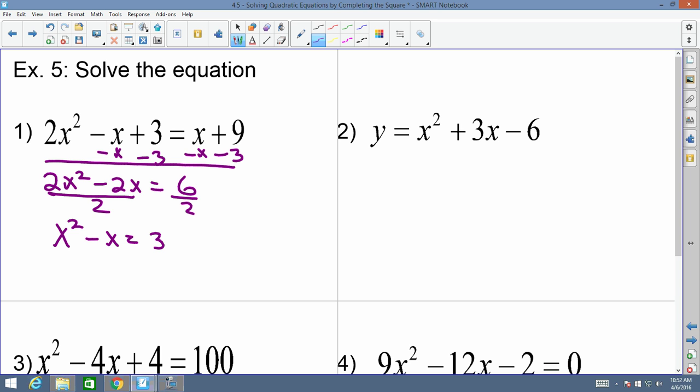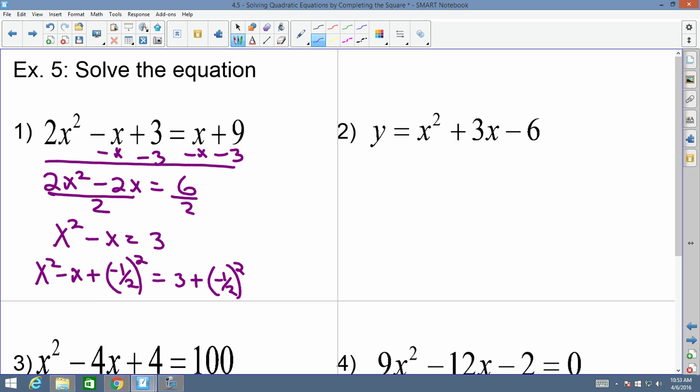Now, I'm going to complete the square. So I've got x squared minus x plus b over 2, which is negative 1/2, squared equals 3 plus negative 1/2 squared. Why? Because I added my b over 2 squared to both sides.